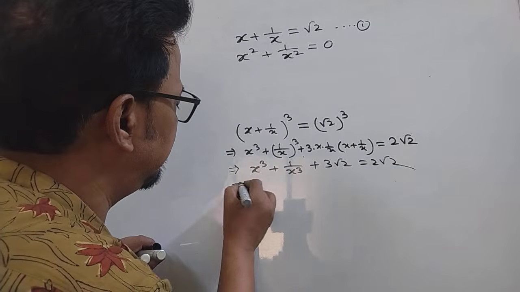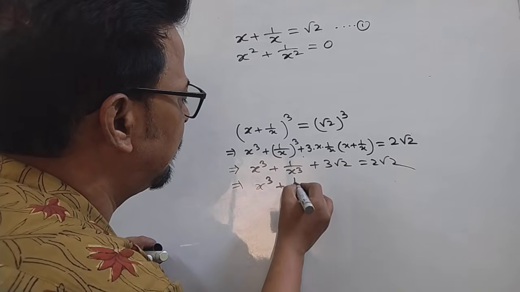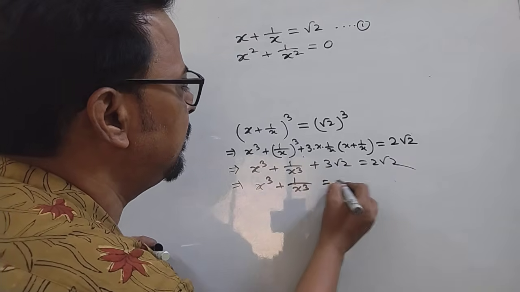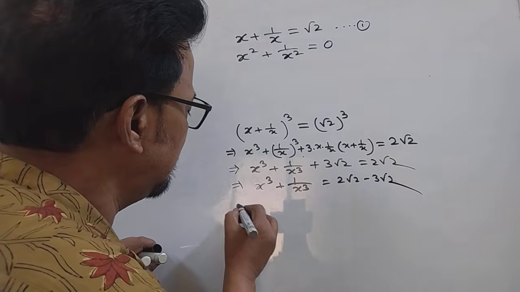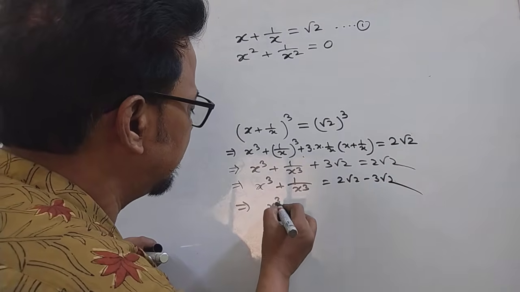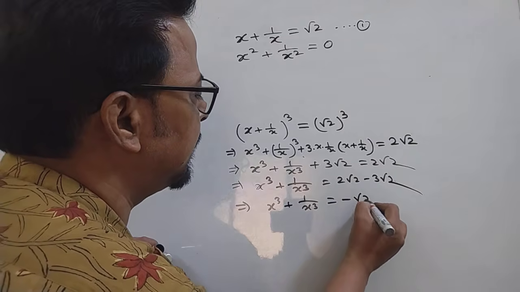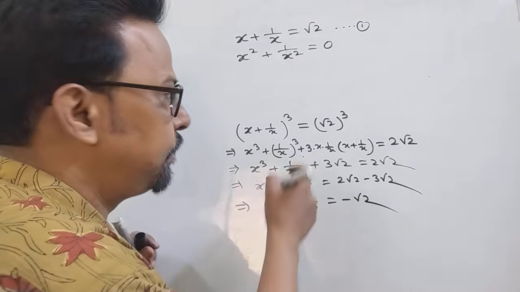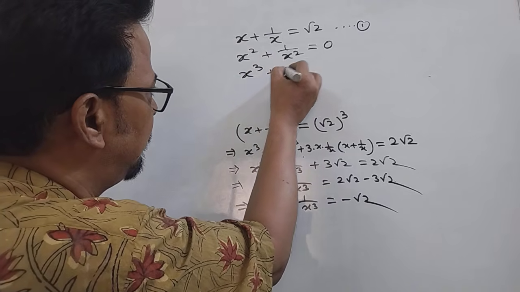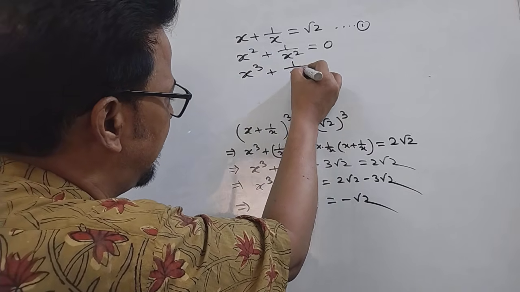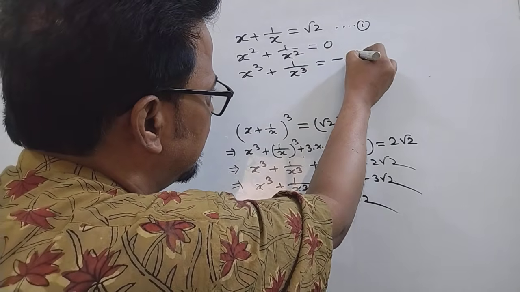Now take this to the right side. x cube plus 1 by x cube equal to 2 root 2 minus 3 root 2. Simply x cube plus 1 by x cube equal to minus root 2. So the another value is x cube plus 1 by x cube equal to minus root 2.